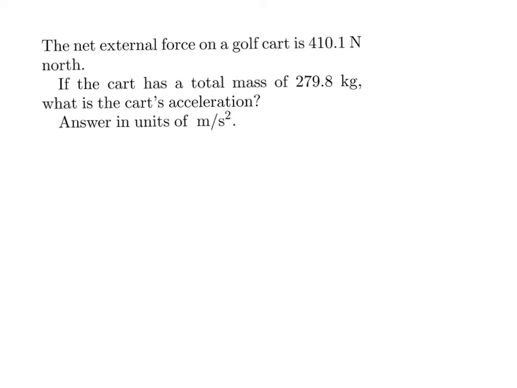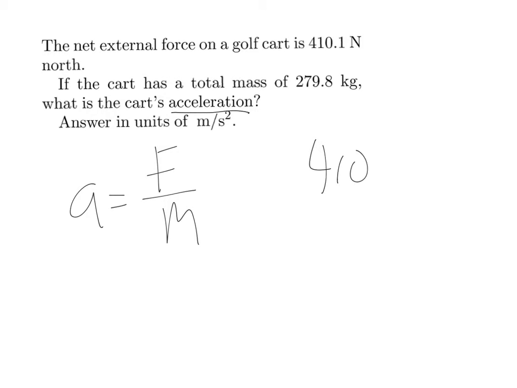Okay, we have a net external force on a golf cart of 410.1 newtons north, and the cart has a total mass of 27.9 kilograms. What is the cart's acceleration? We're using the same equation. A is equal to force divided by mass, where the force is 410.1 newtons, and the mass is 279.8 kilograms.